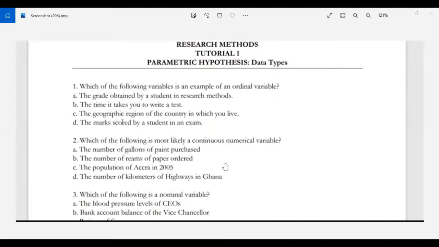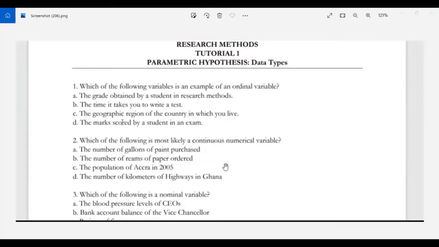If it is ascending, from lowest to highest, it is low, normal, then high. The first one I mentioned was descending from highest to lowest. So the blood pressure levels of CEOs can be ordered.